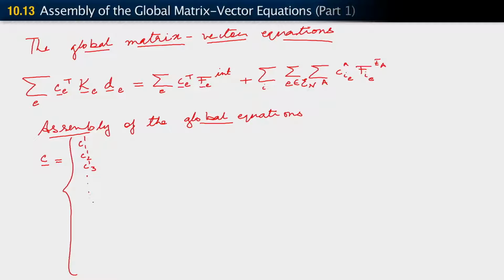This would carry on, and for a general node A, we would have the same situation, right? Until it came down to the very last of our C degrees of freedom. All right.